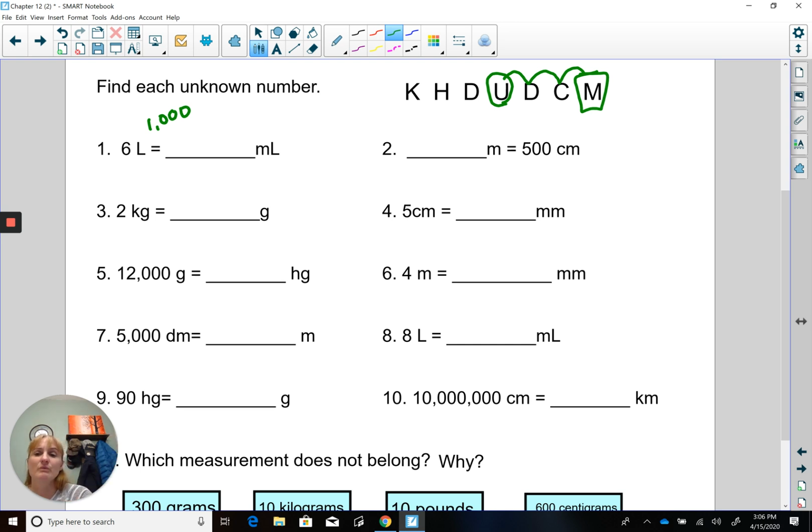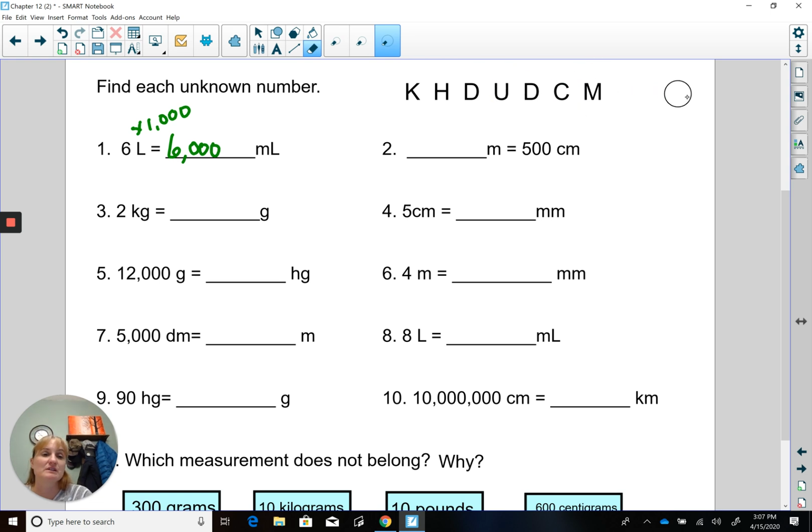Well, I went from my horse, I'm going to my fly, meaning I went this direction, so I'm going to multiply. So go ahead and now multiply. What do you get for your answer? You're right. 6,000. Good job.